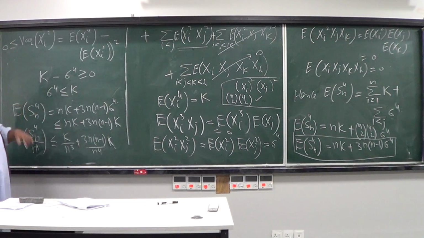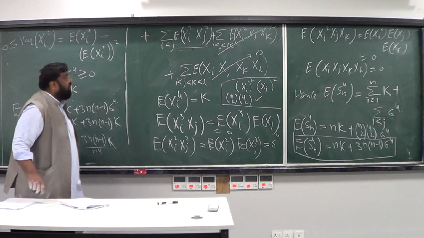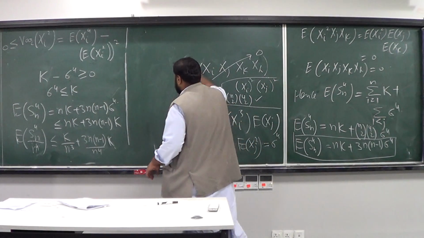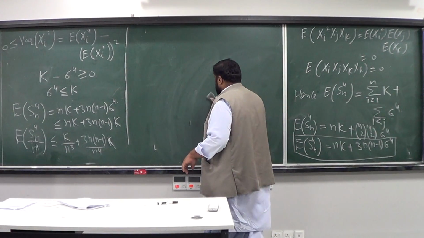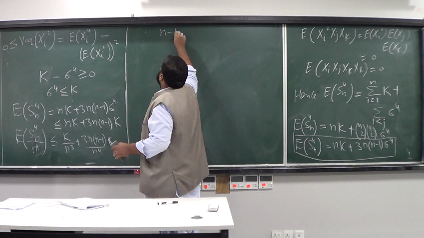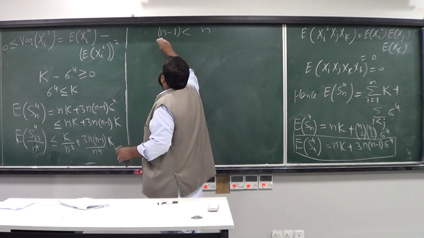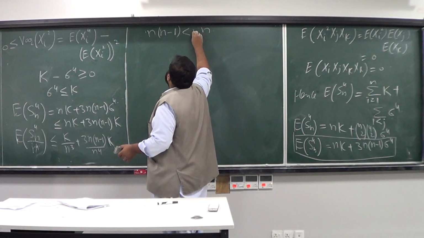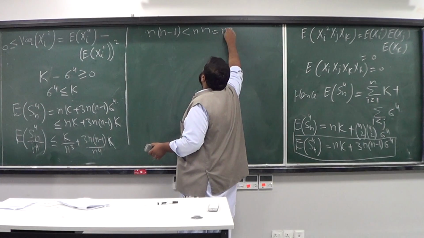Now what is the relationship between n and n minus 1? For sure n minus 1 is smaller than n. So if I multiply by n on both sides, n times n minus 1 is smaller than n square.